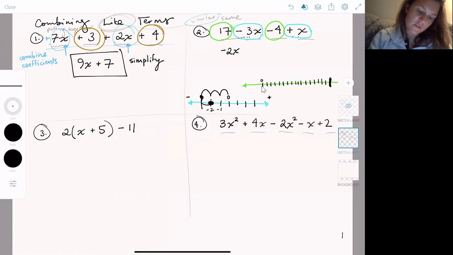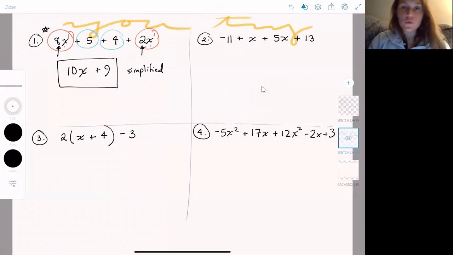Okay, so I've moved 17 in the positive direction. And then I move 4 in the negative direction. 1, 2, 3, 4. So that's going to put me at 13. So when I add those together, I've got 13. So that is my simplified answer.